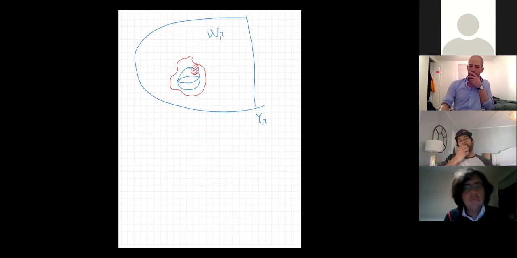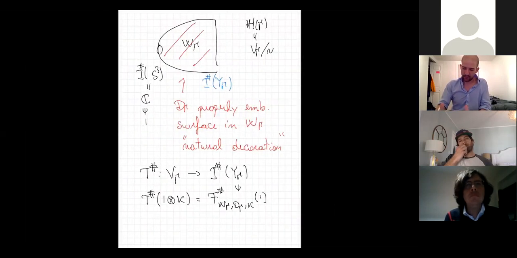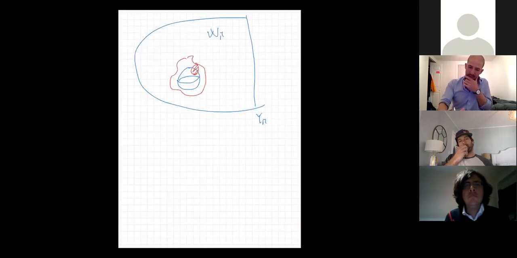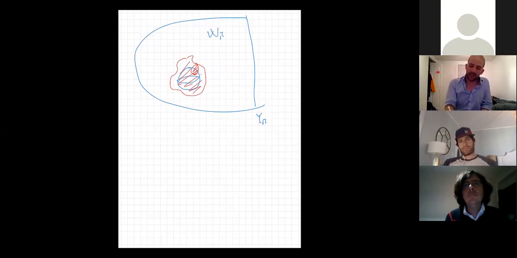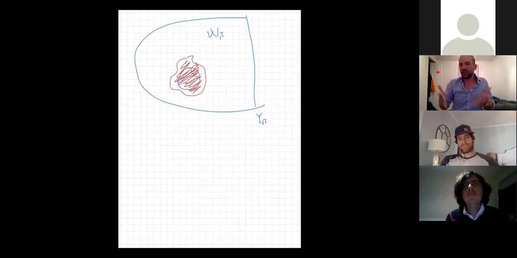And now you see, how you define this map T sharp is by applying a cobordism map. Now the point is that this cobordism map factors through the map associated to these lens space cobordisms. So if the lens space map sends something to 0, then the composition does too.